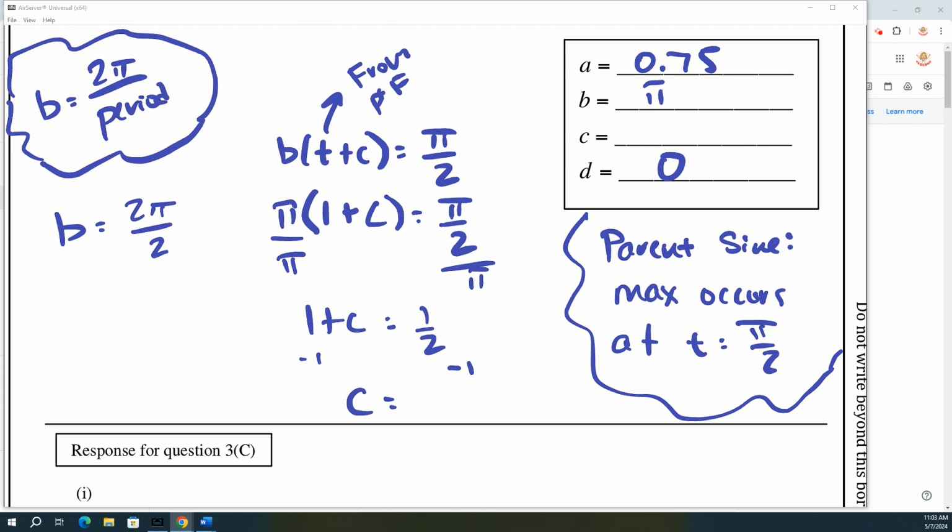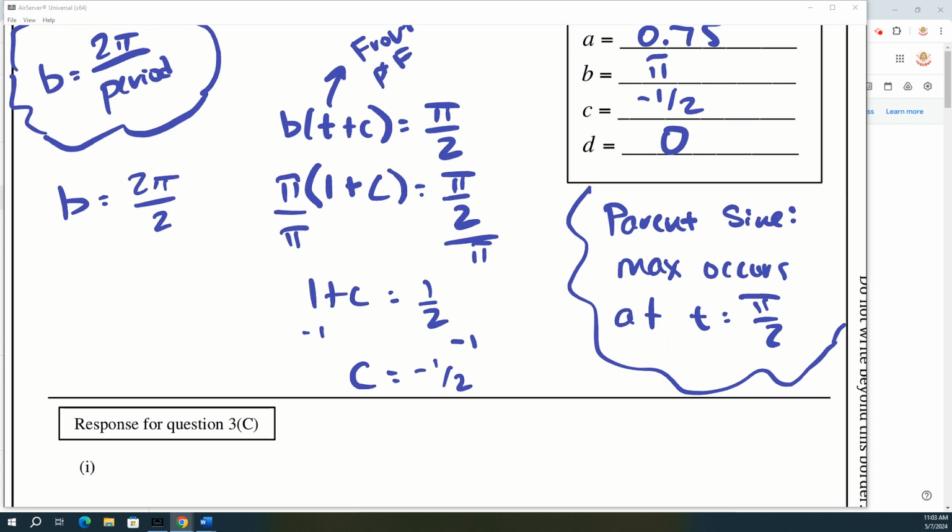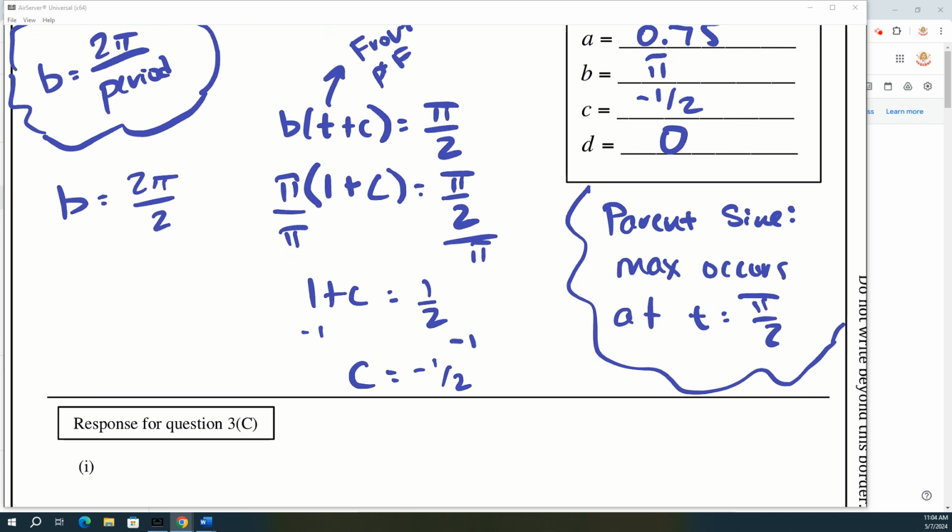And what's 1/2 minus 1? Negative 1/2. And it's up to you. You can do decimals or fractions. They do not specify on here. They don't care. Either way. Plus 2.